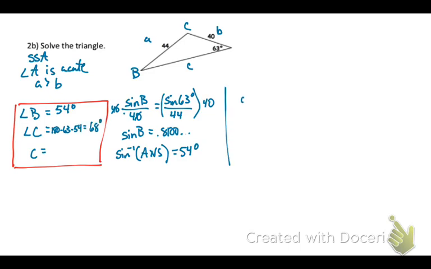And now for that third side, we use the law of sines, but putting the side length on top. So that's why this formula is flexible. Whatever you're looking for goes in the upper left position, and that makes the solving steps very easy. Now, you may notice that C is the same length as A, and you could have known that, but I went ahead and worked the formula just to be sure.